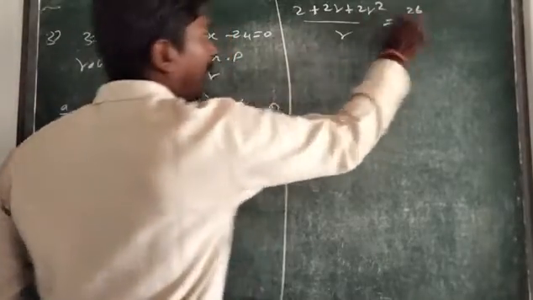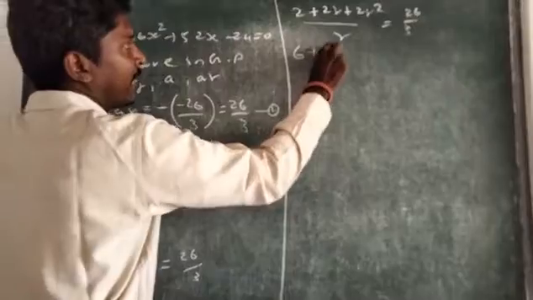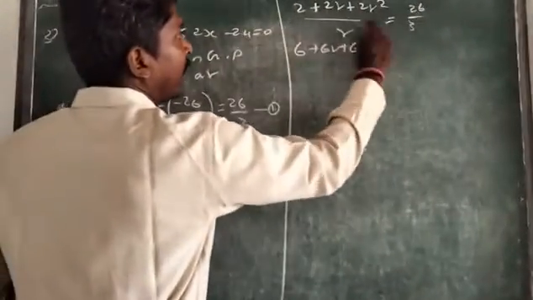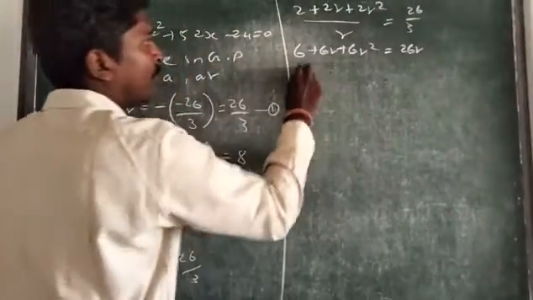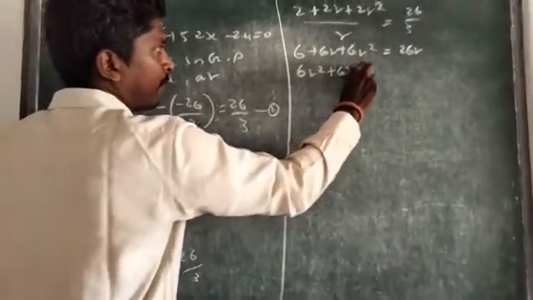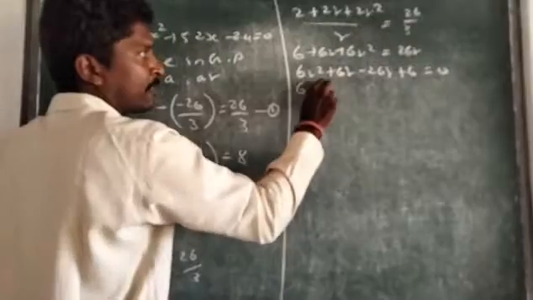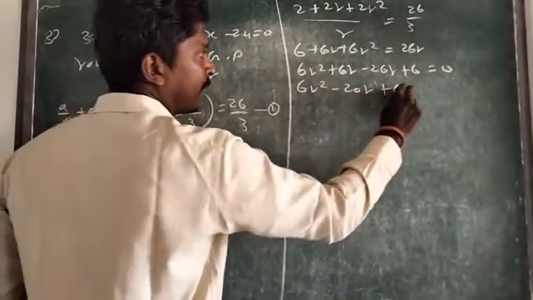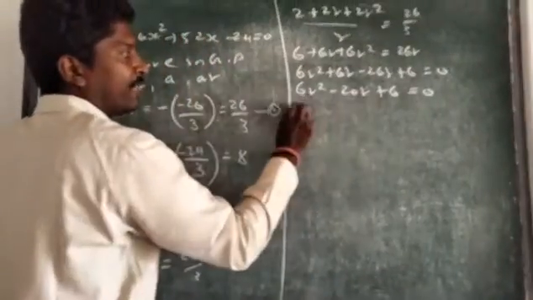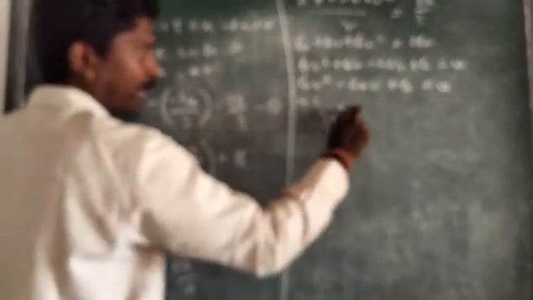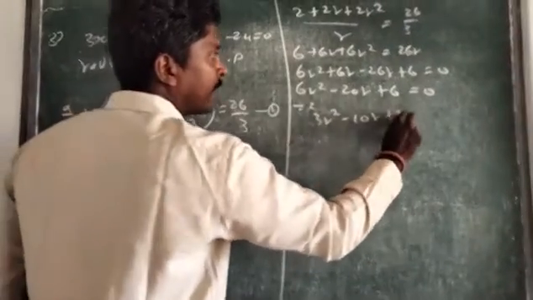Now cross multiply with 3: 6 plus 6r plus 6r square equal to 26r. So 6r square plus 6r minus 26r plus 6 equal to 0. Then 6r square minus 20r plus 6 equal to 0. Everything is even, so divide by 2: 3r square minus 10r plus 3 equal to 0.